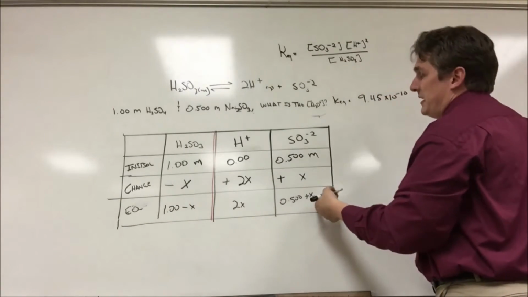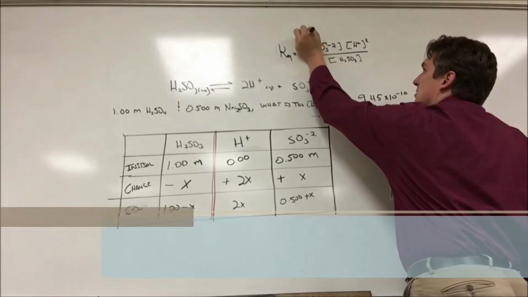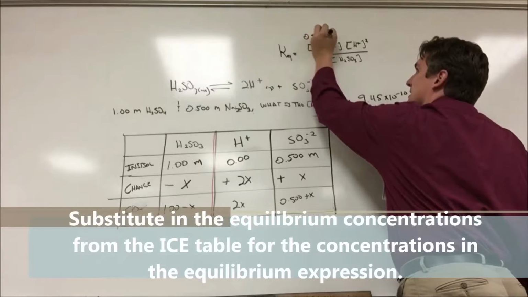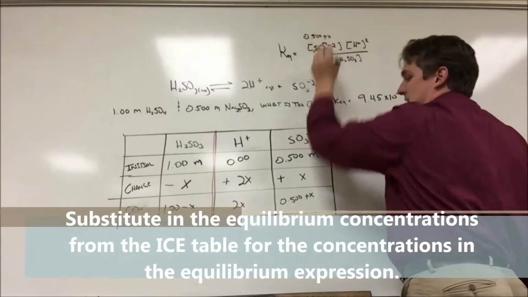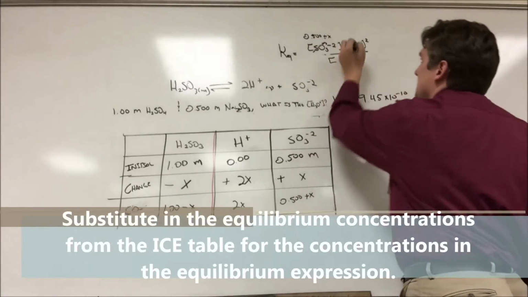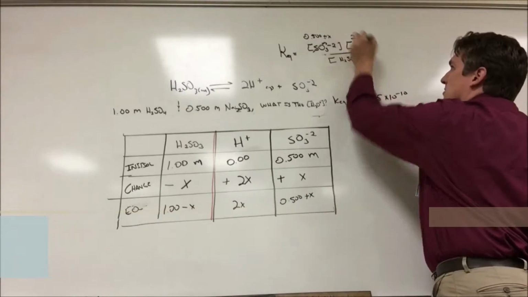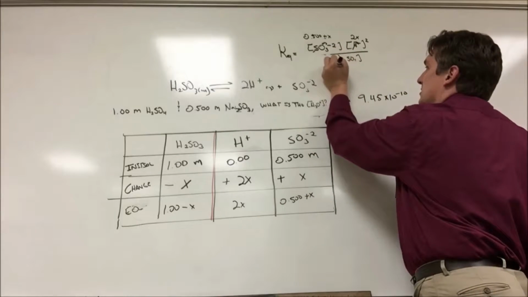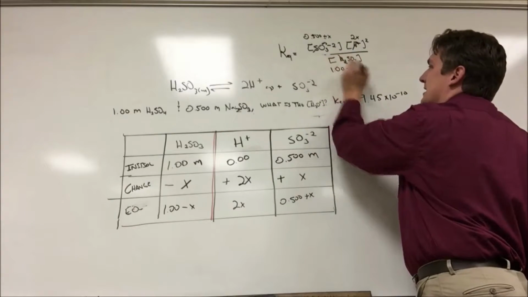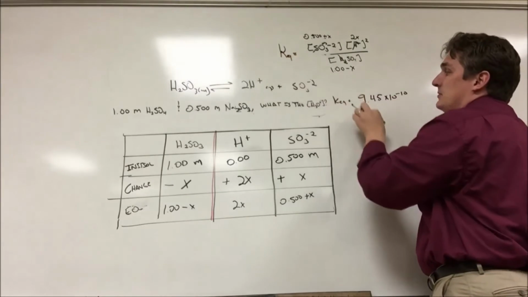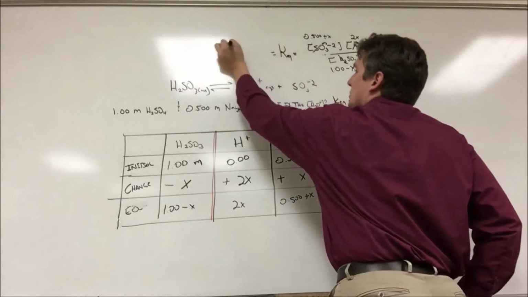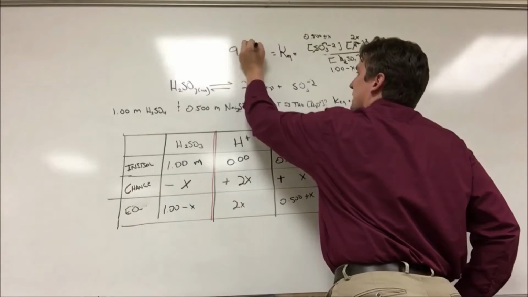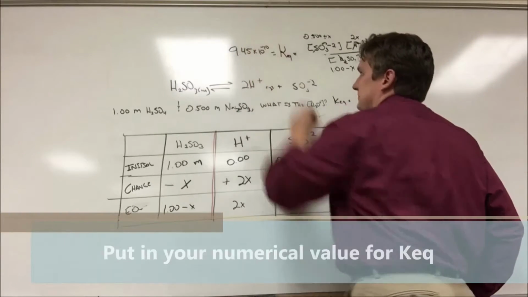So our concentration of SO3 in this case is 0.500 plus X. Our concentration of H+ is 2X, and our concentration of H2SO3 is going to be 1.00 minus X. We have a numerical value for Keq here, which is 9.45 times 10 to the negative 10.